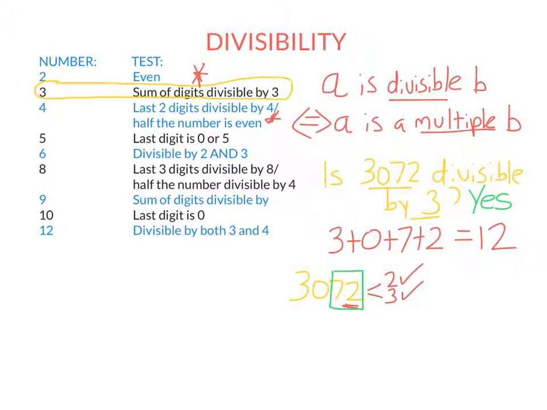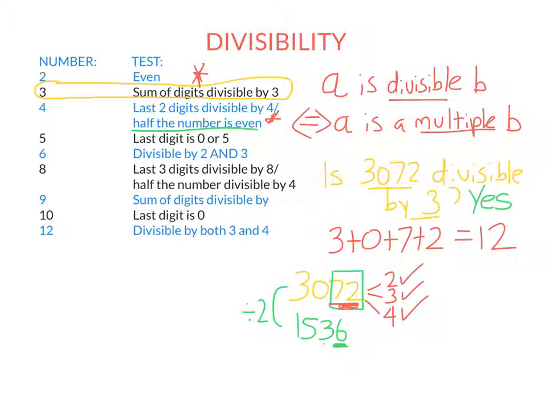What I can do is halve the number and see if I get an even number. So if I halve 3072, or divide it by 2, I get 1536. That's clearly an even number because the last digit's even. So half of 3072 is an even number, so it is divisible by 4. It turns out 72 is divisible by 4.